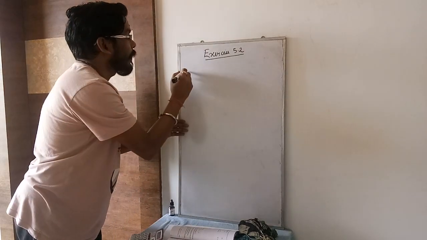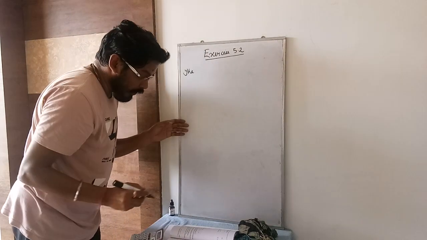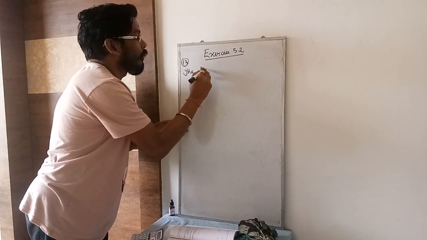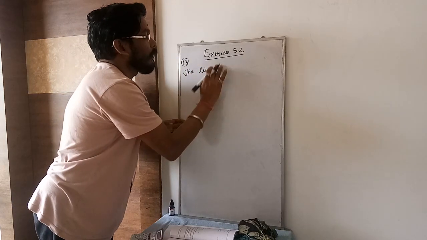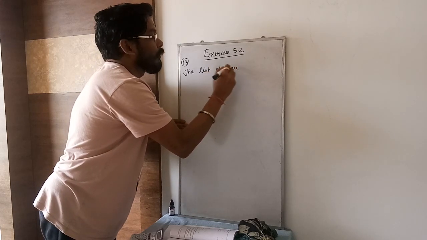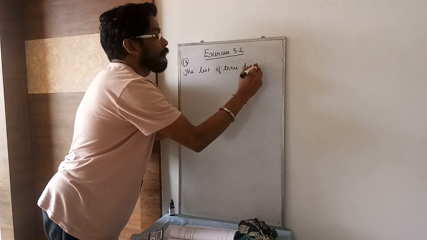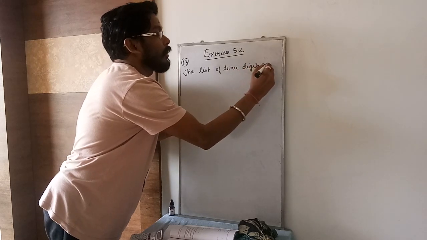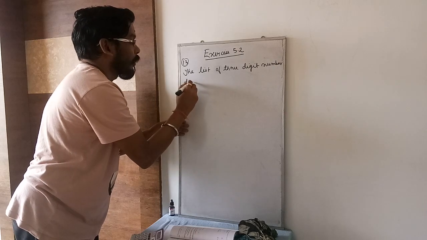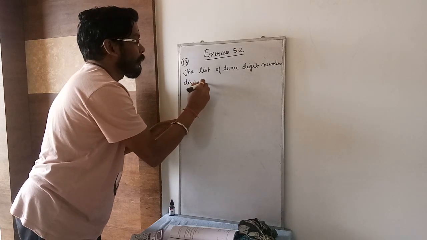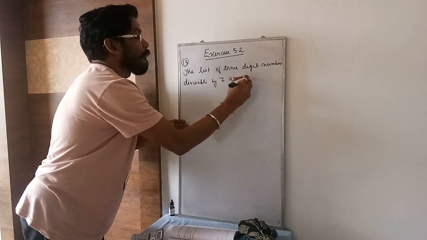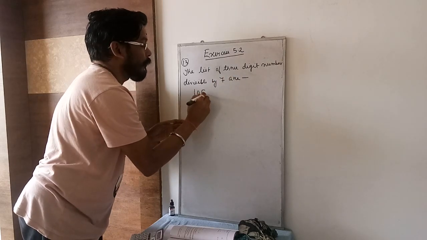So let me write the list. This is question number 13. The list of 3-digit numbers divisible by 7 are: the first one is 105.